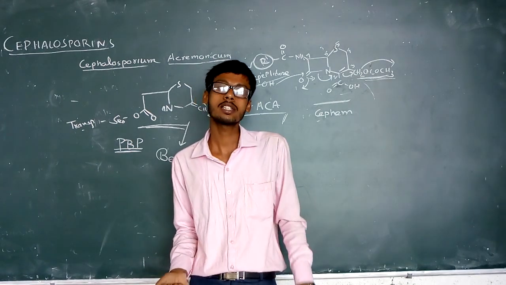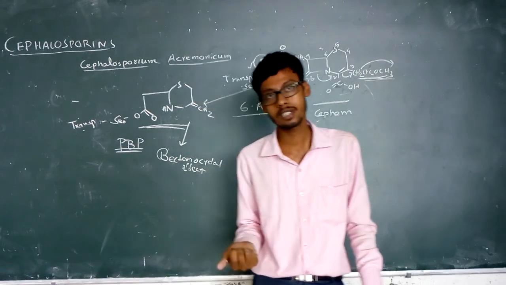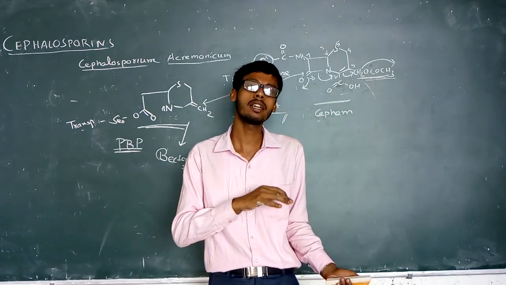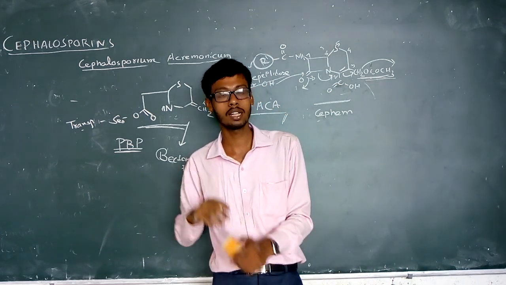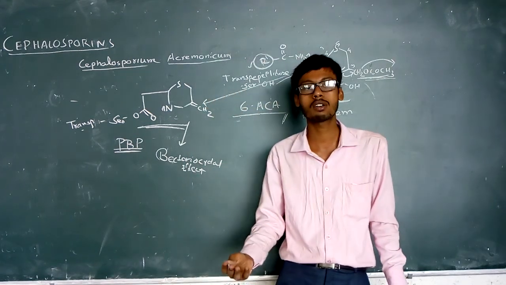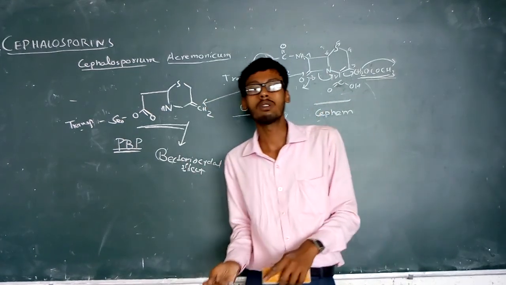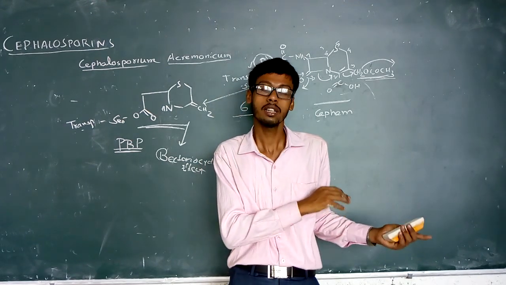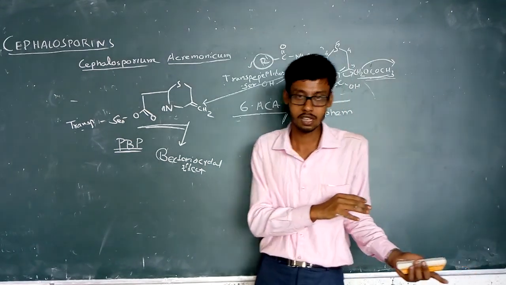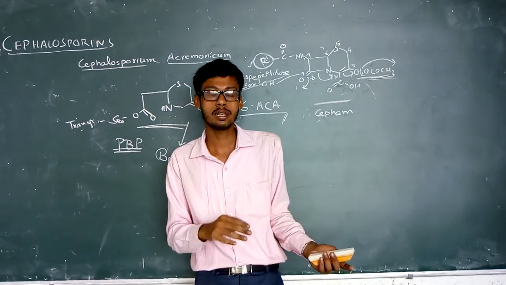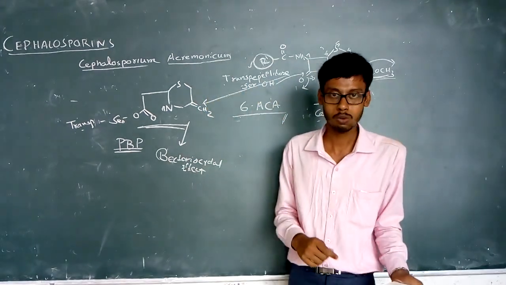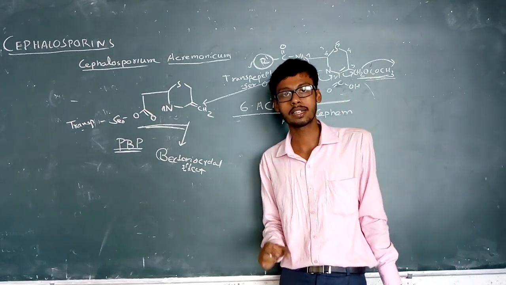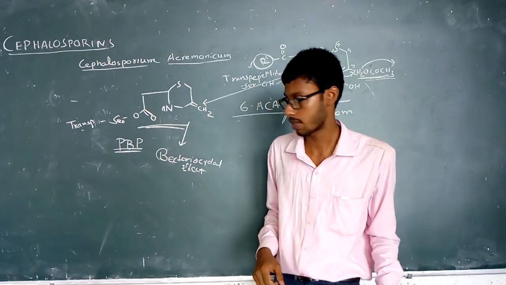The first generation was discovered at the early phase, and after that they were modified according to their SAR to optimize the drawbacks obtained in the first generation cephalosporin derivatives. Let's go to the classification of the cephalosporins according to the pharmacology by K.D. Tripathi publications.